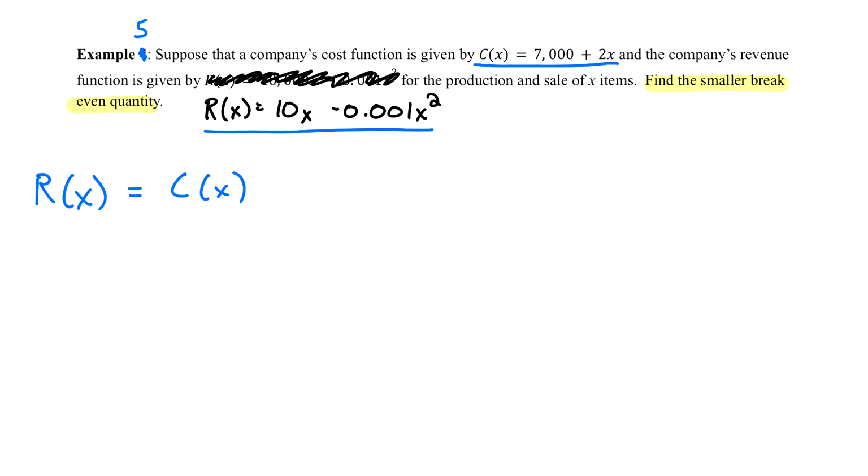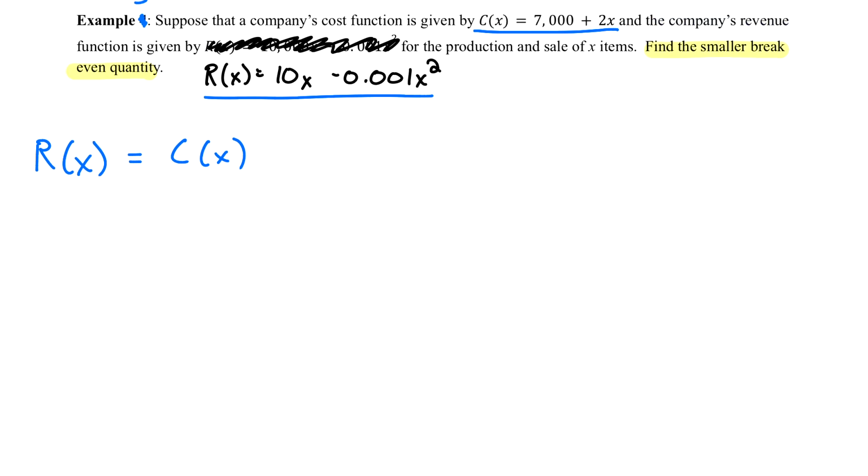So I'm going to take my revenue function, set it equal to my cost function, and see if I can solve that equation. So my revenue function, we've got 10x minus 0.001x squared is equal to my cost function, which is 7,000 plus 2x.